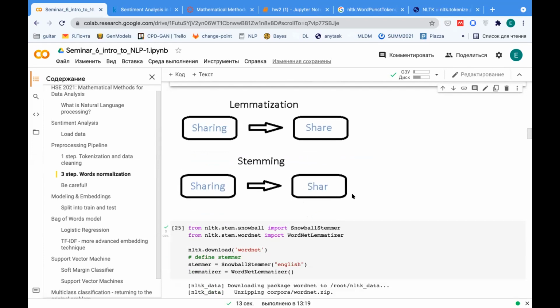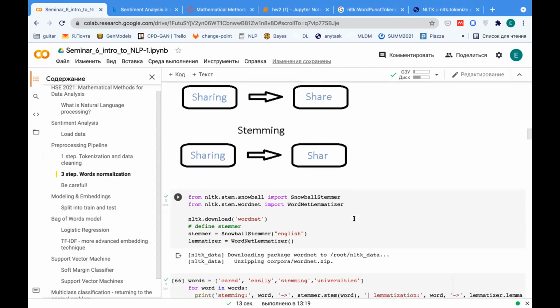For a computer, it's not very important whether the words are right for our language or not. If a computer looks at a text, it should only see the similar words in the text. It's not very important if they are a bit broken like this. So stemming is also a good technique, but probably not for the Russian language, but we will see it later.